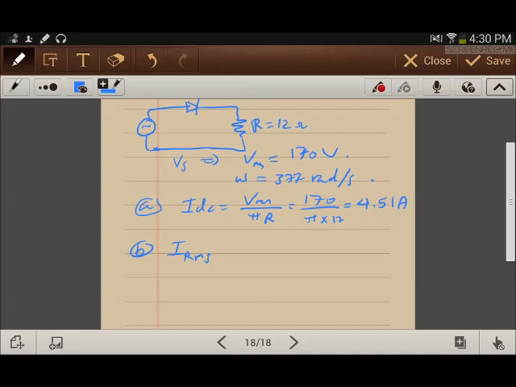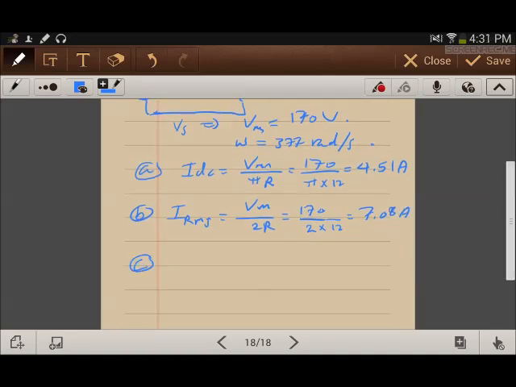The RMS current, as we know, the output RMS current is equal to the source RMS current, which is equal to V maximum over 2R, so 170 over 2 multiplied by 12. This will give me 7.08 amperes.